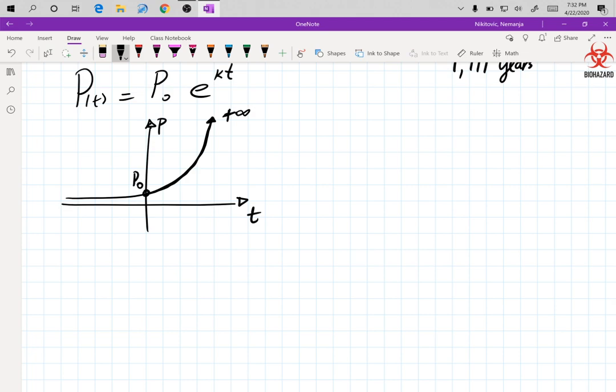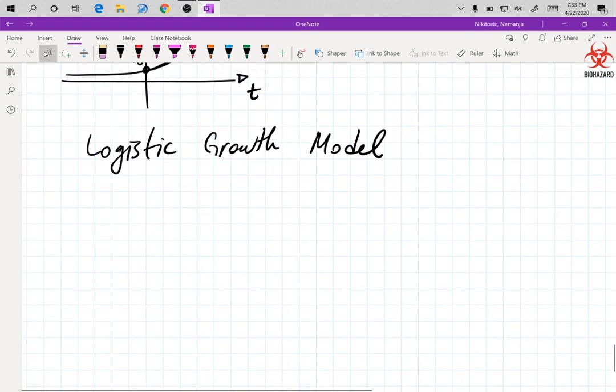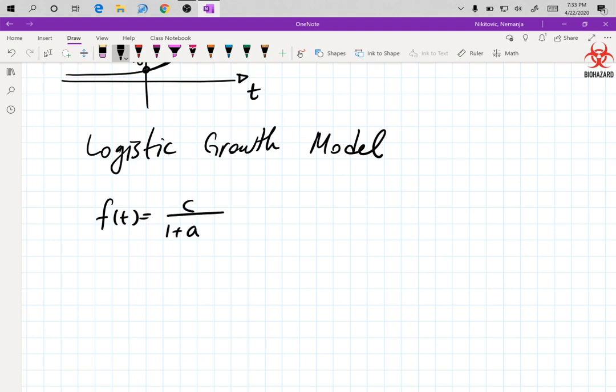That formula is called the logistic growth model. The book will tell you that the logistic growth model is given by f of t is equal to c over 1 plus a e to the negative bt.